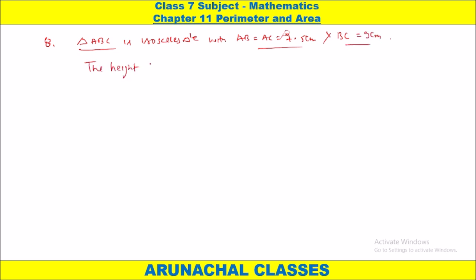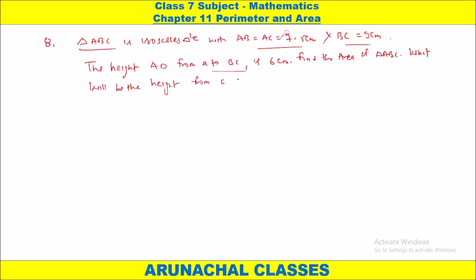The height AD from A to BC is 6 centimeter. Find the area of triangle ABC. What will be the height from C to AB, that is CE?